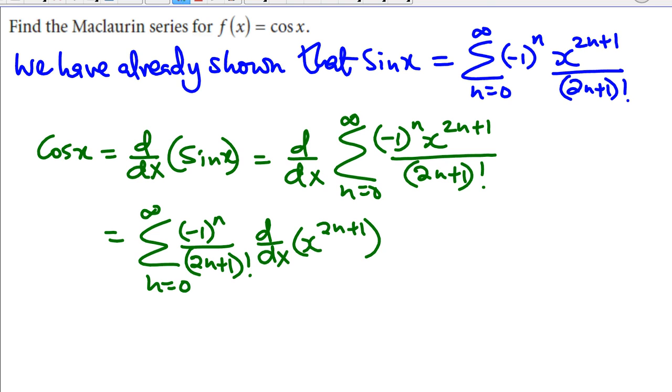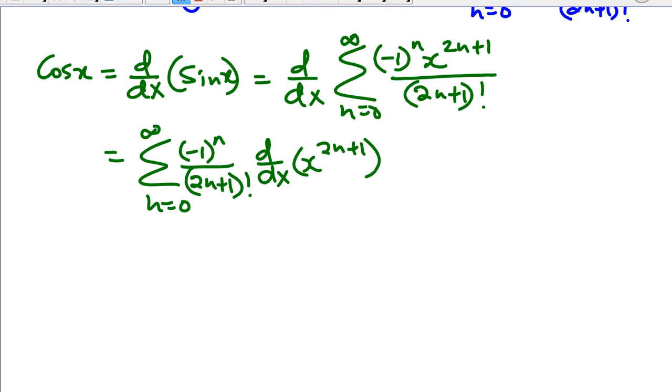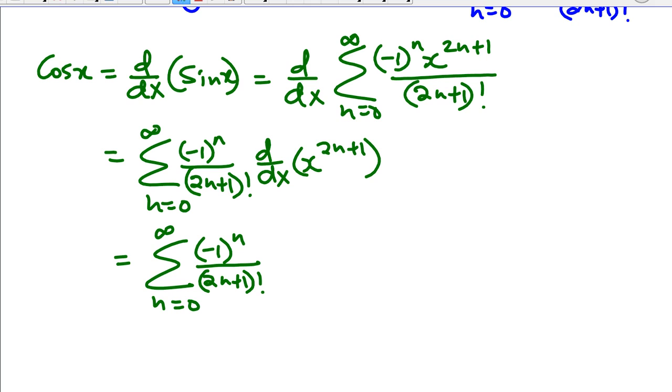So what we end up with is the sum from n equals 0 to infinity of negative 1 to the power n over 2n plus 1 factorial. And then if you differentiate this, it will just be equal to 2n plus 1, x to the power 2n. Okay, power rule.